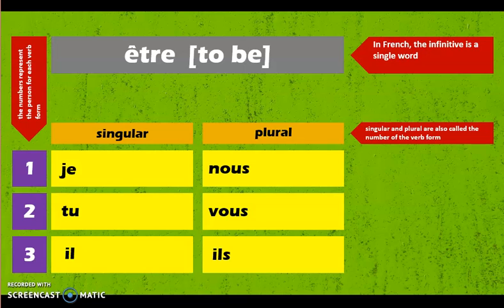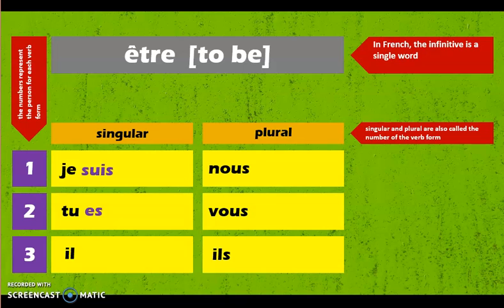Okay? So if I want to say I am in French, I say je suis. Notice the final S is not pronounced. If I want to say you are in French, I will say tu es. Notice again the S is not pronounced. Third person singular.